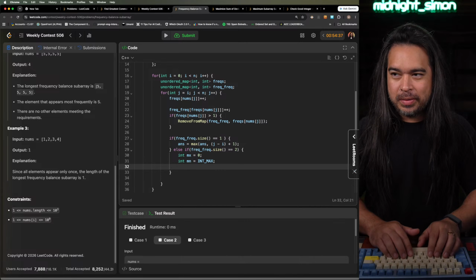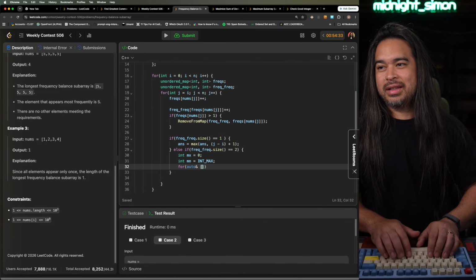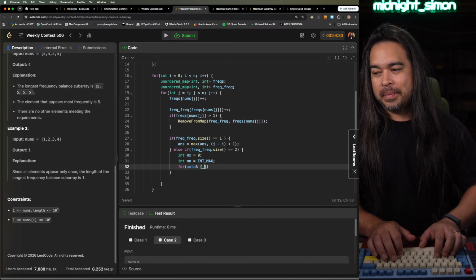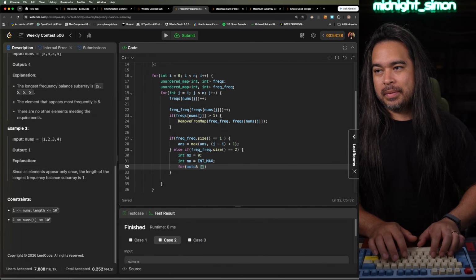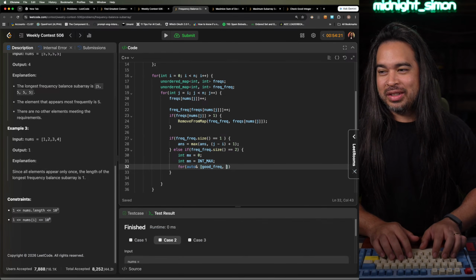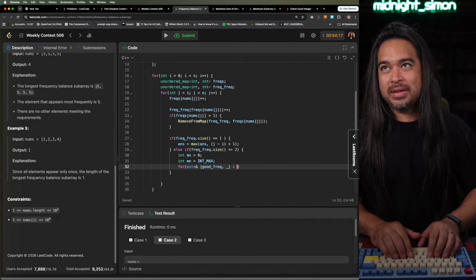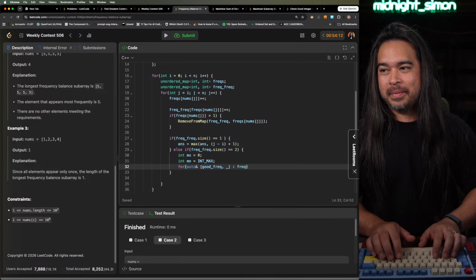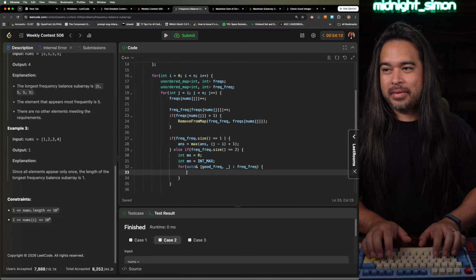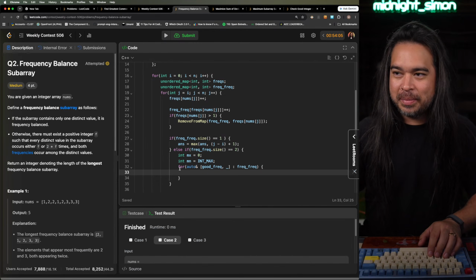So I don't know how to get those. I guess I can iterate through them like this. These names are real bad. That's the frequency. Am I that rusty, or is this problem kind of funky?